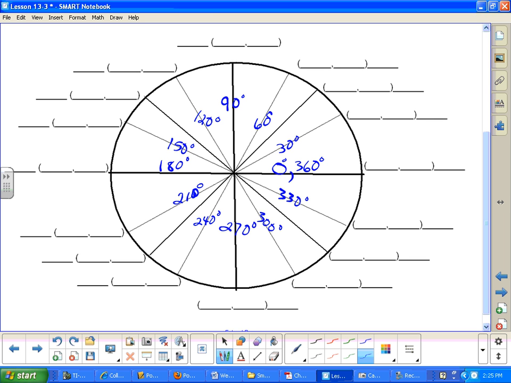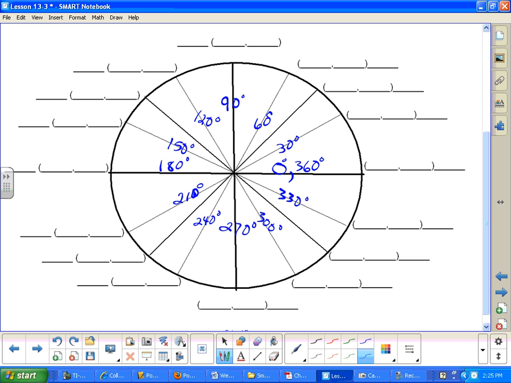Now if you notice, there are thicker lines, right? Well, what do those thicker ones do? They cut each quadrant in half, right?